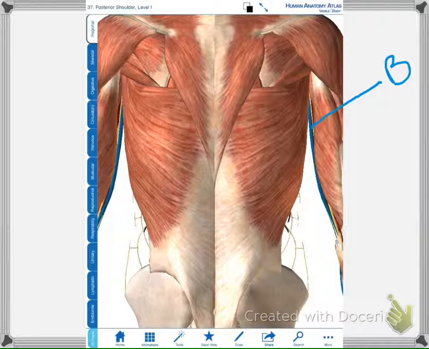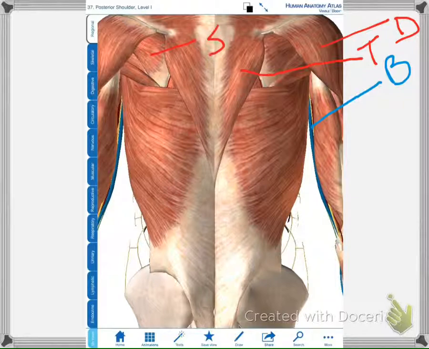Again, let's just review some of the muscles that we see here. Posterior head of our deltoid. Here's our trapezius. Here is our supraspinatus.